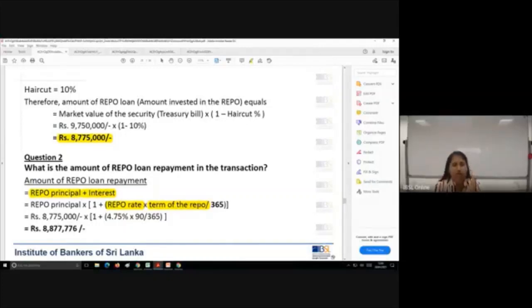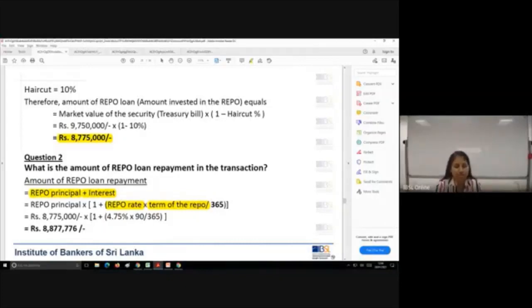Your thinking of the collateral has to stop. Thinking of your treasury bill has to stop right after you calculate the market value of the security. After that, all the calculation that you do, you have to do it thinking that this is not the treasury bill, this is the repo that you're doing. Okay. So here in the repo, it's 365-day count.